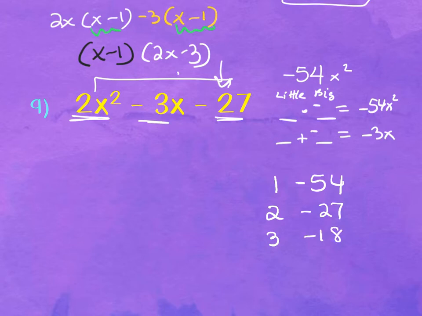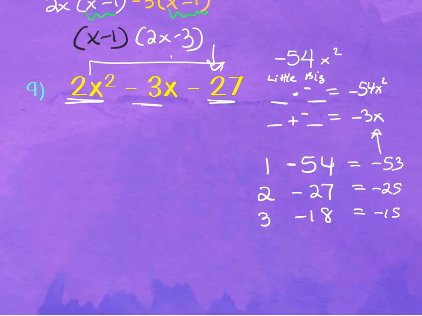And again, as you're doing these, add them in your head. This is negative 53, negative 25, negative 15. I haven't gotten to negative 3 yet. I got to keep going. 4 won't go into 54 evenly, and neither will 5, but 6 will.